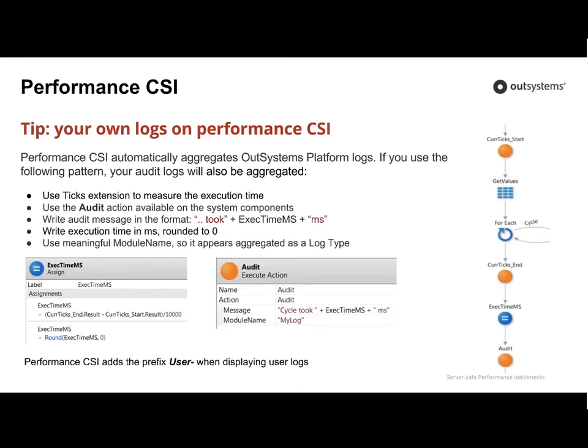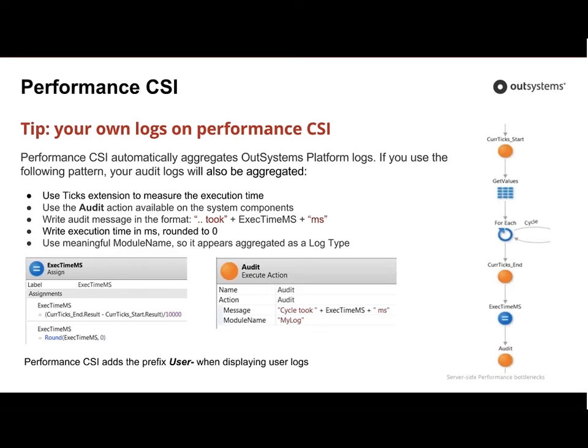If you get a huge percentage, but still want to understand why this is slow, we advise you to add some patterns to your application code that allow Performance CSI to group a specific area of code and combine these into the other logs that are already collected by default by the platform.